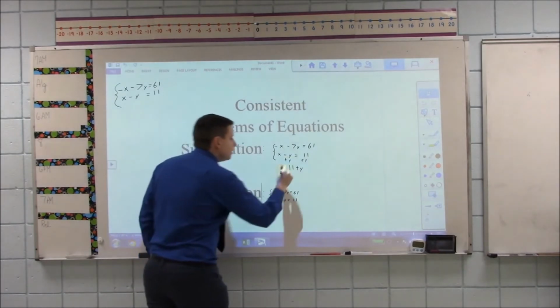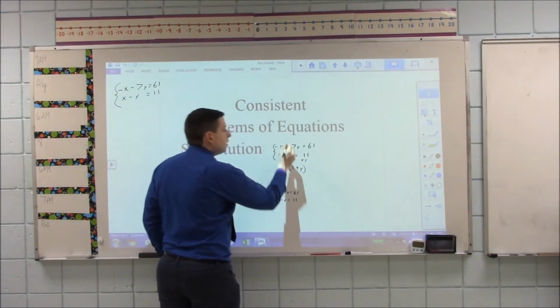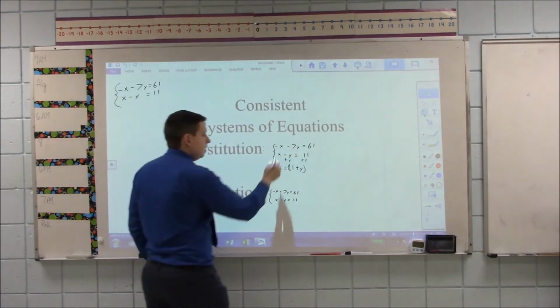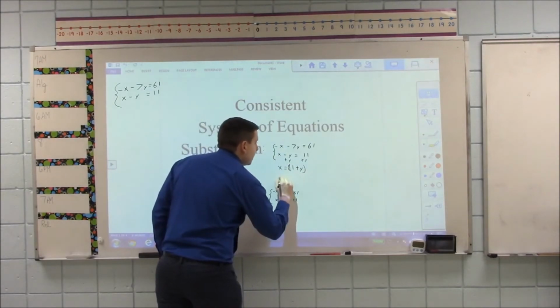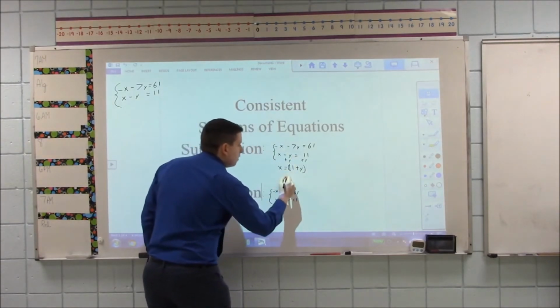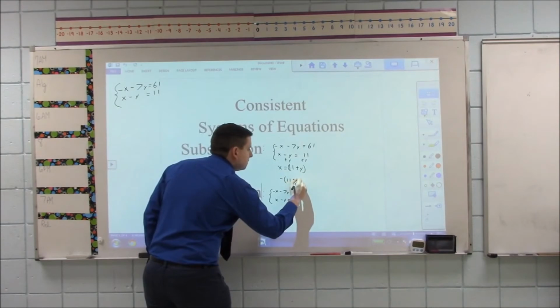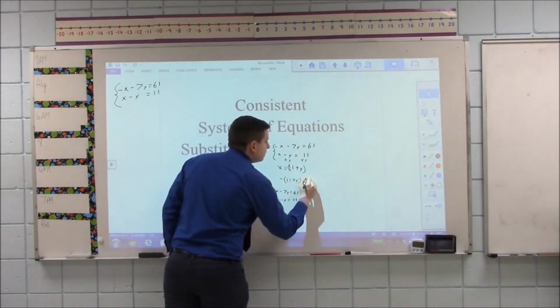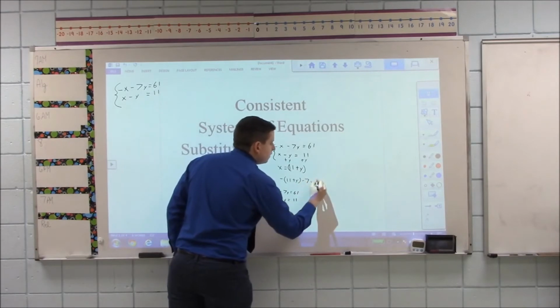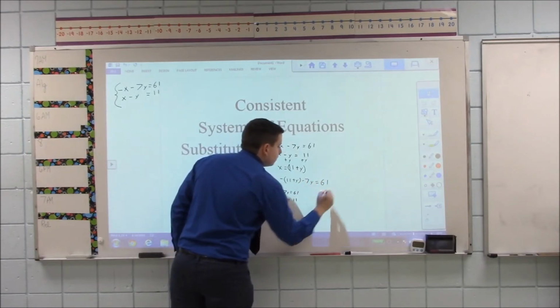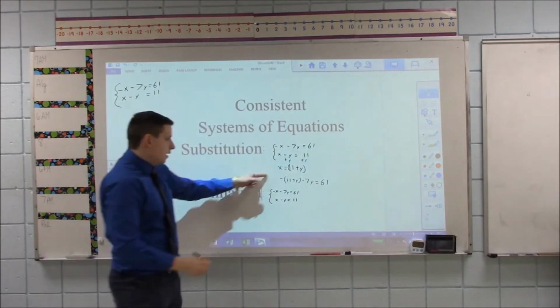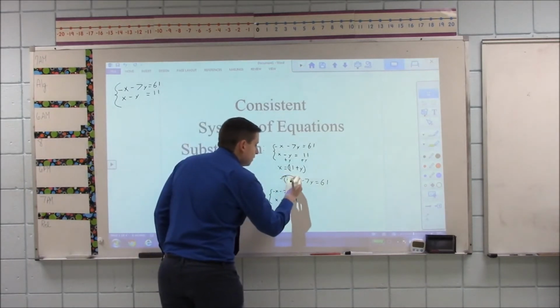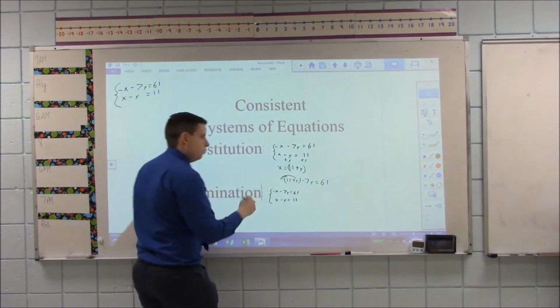And now what I can do is I can take that 11 plus y and plug it in for x in the original equation. So then I have negative (11 plus y) plus 5 minus 7y is equal to 61. And then I need to distribute the negative and then combine like terms. I'll do that now.